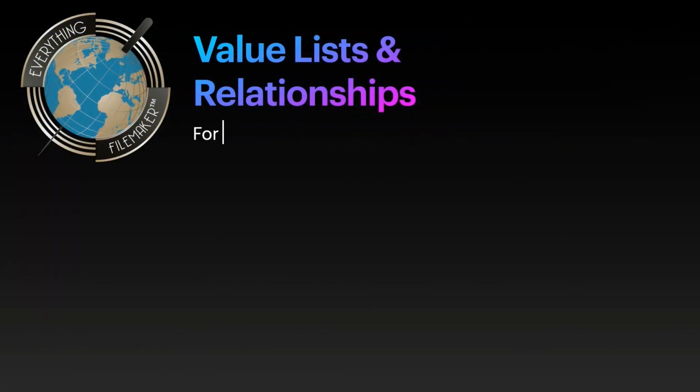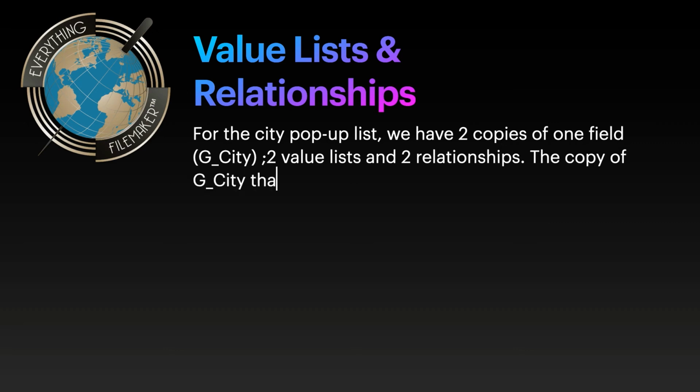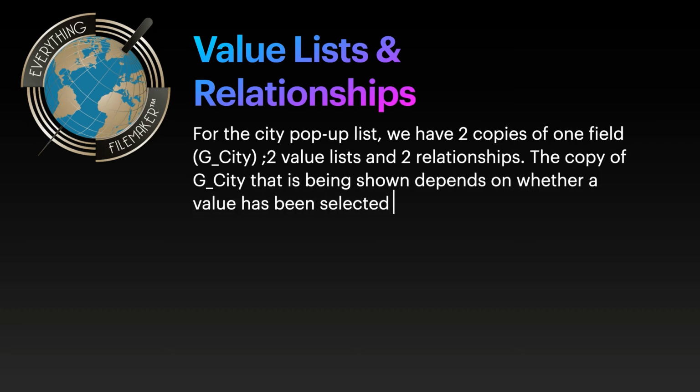The city pop-up list: we have two copies of one field, gcity, two value lists and two relationships. The copy of gcity that is being shown depends on whether a value has been selected in gcity index.